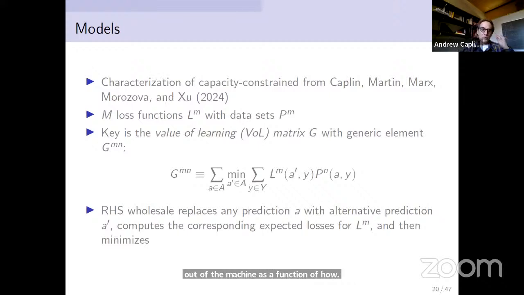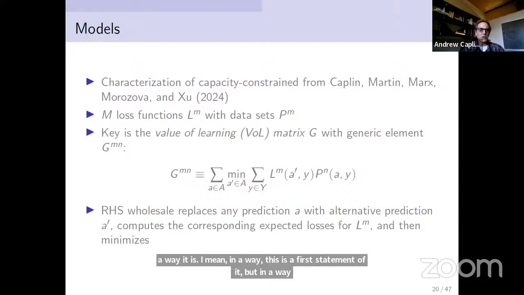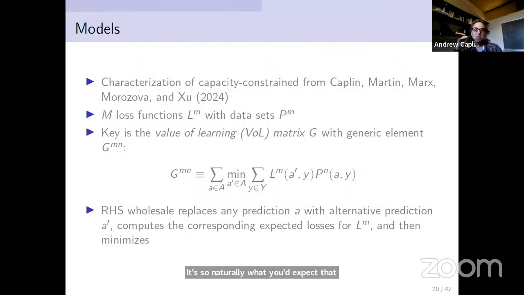And I'm going to now take a characterization of capacity-constrained learning from an earlier paper. And the reason I'm saying the result's known is because in a way it is. In a way, this is a first statement of it, but in a way, it's so naturally what you'd expect that it is quasi-known.